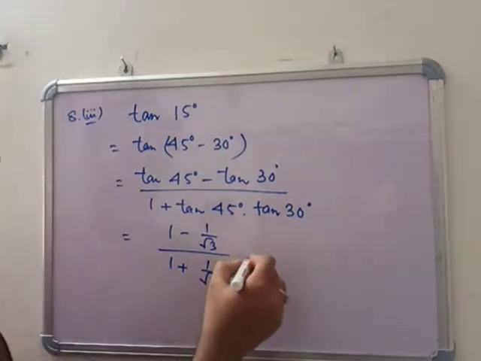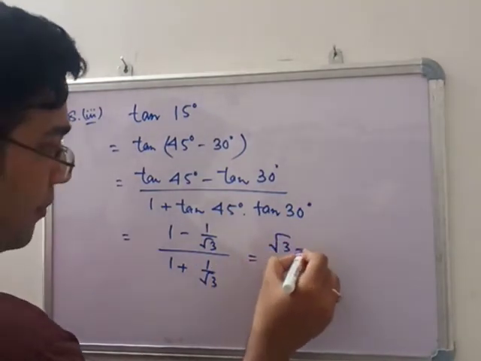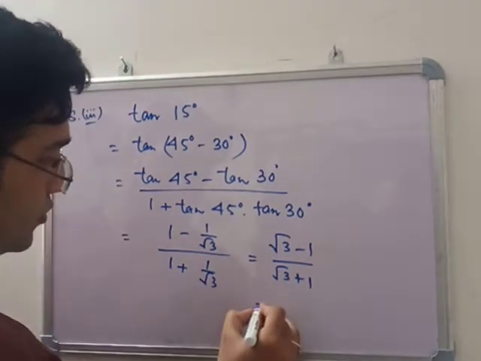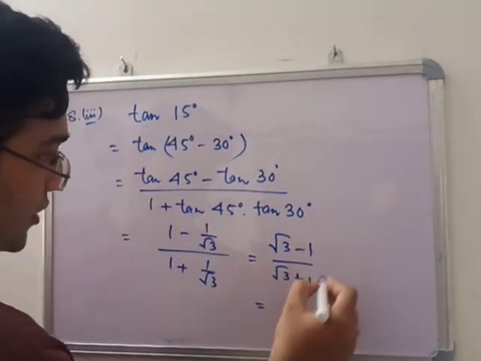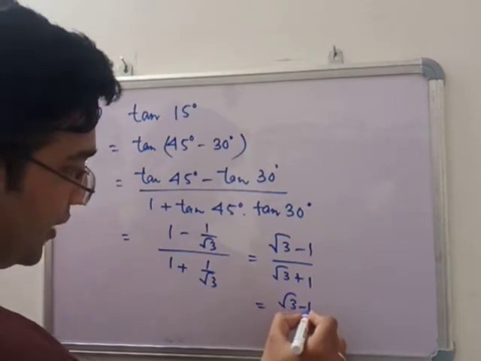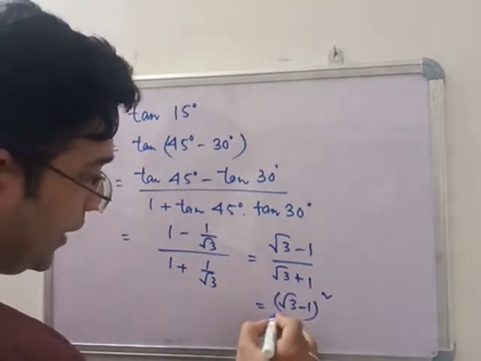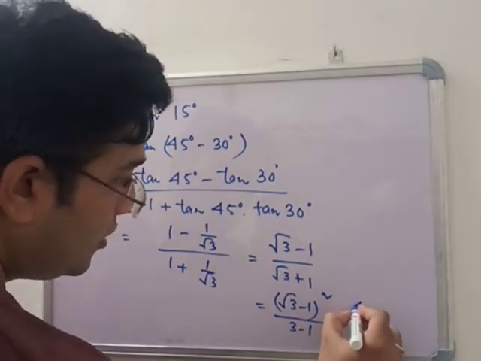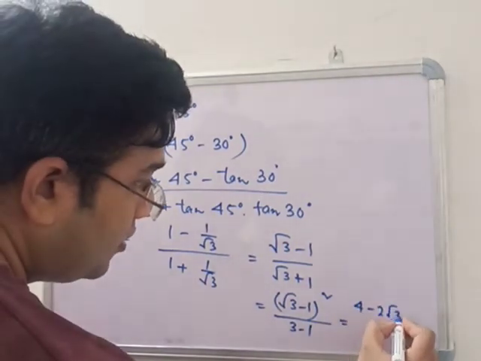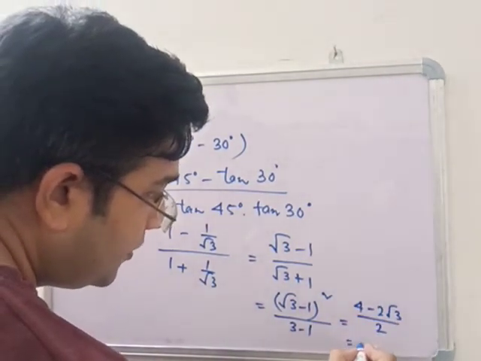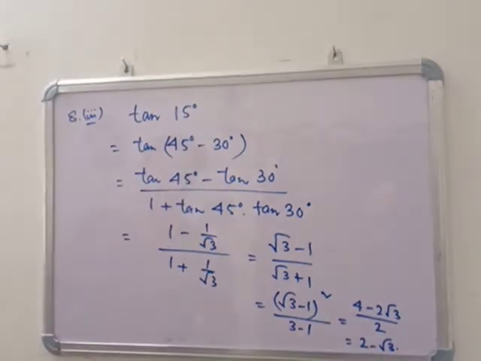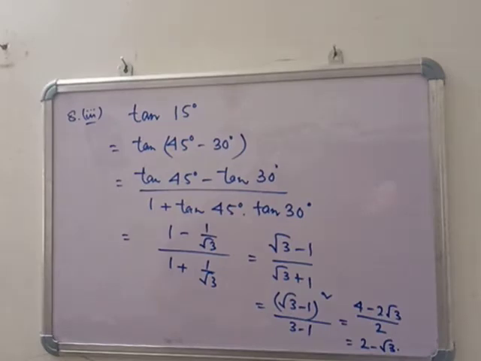If we calculate, we get root 3 minus 1 by root 3 plus 1. Multiplying by root 3 minus 1, we get 3 minus 1, that means 4 minus 2 root 3 by 2, that means 2 minus root 3. So 2 minus root 3 is the answer here.